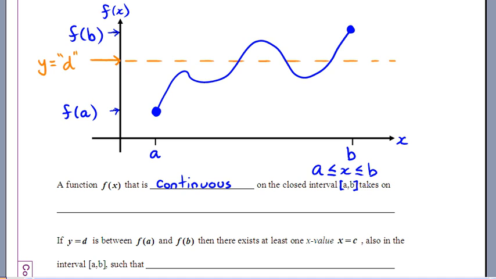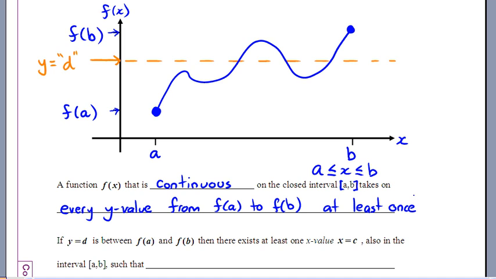You're going to find that that function takes on, in everyday common language first, every y value from f of a to f of b at least once. So it hits every single orange line that you might draw in there at least one time. Mine actually hit 3 times there.